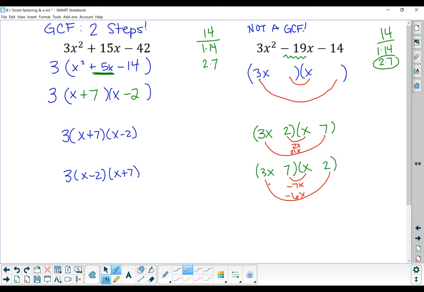This one's not working. So let's look closer at this top one. I've got a 21 and a 2, and I could get a negative 19 from that if the 21 is negative and the 2 is positive. So I need a plus with my 2, and the negative goes with the 7, which helps it build that 21.